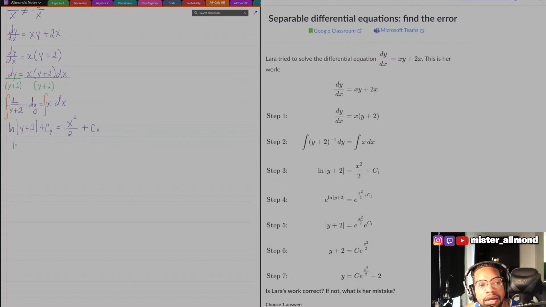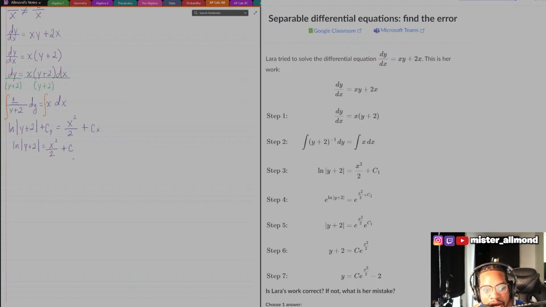So we got ln absolute value of y plus 2 equals x squared over 2. I'm subtracting cy from both sides, and cx minus cy is just some constant. So I'm just gonna call it c. You can collect your constants inside one c. Yes, cy and cx are both constants.